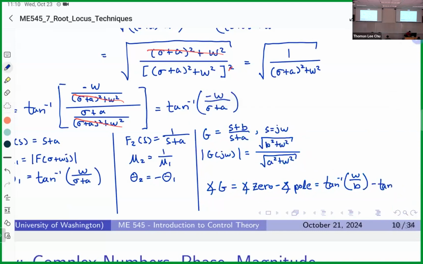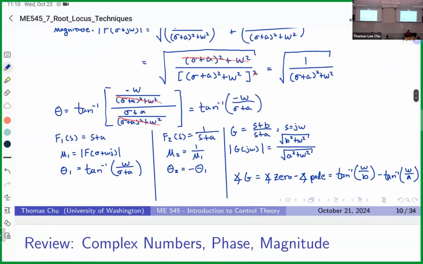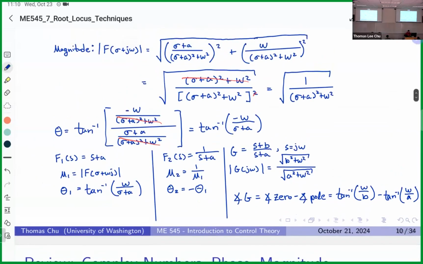Minus arctan of omega over A. So this is a really, really useful relationship because instead of flipping the angle, you just subtract the angle because of this minus sign. We subtract any poles we have: we find the angle of the pole, then we subtract it. So a little bit of a digression. You'll see more in chapter 10, but it relates to what we're doing now as well.